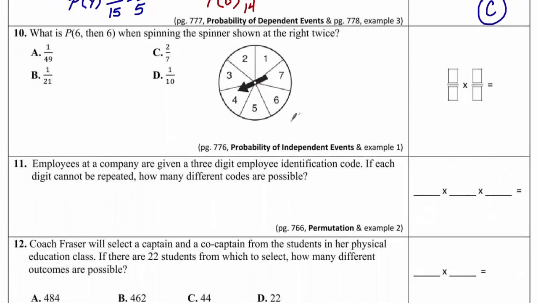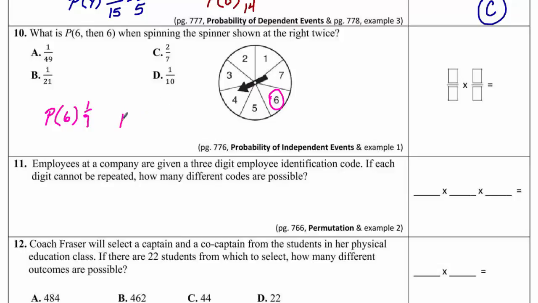All right, so we have a probability of spinning a 6, then spinning a 6. So we have 1 six out of 7 spots on the wheel, which means the probability of spinning a 6 is a 1 out of 7 chance. Now, unlike the marble jar, we don't take anything out and keep it. So the 6 is still there.